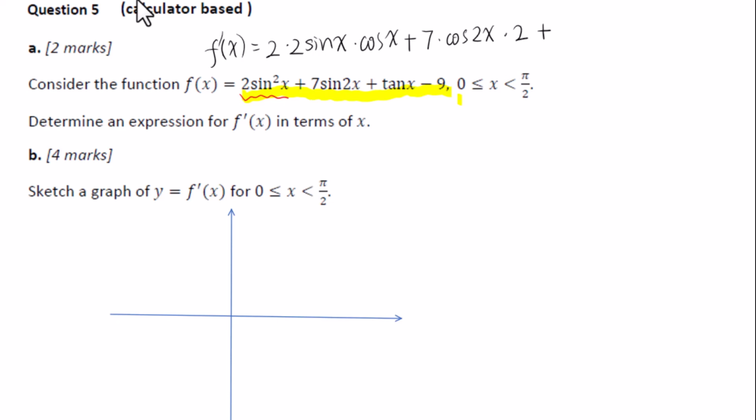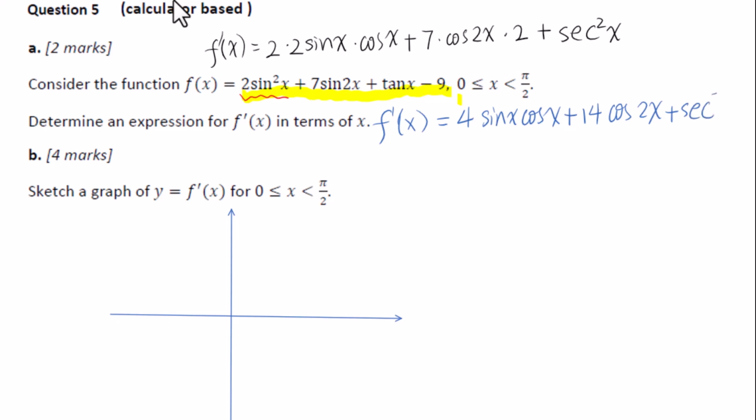Then plus secant square x. Then we organize: 4 sine x cosine x plus 14 cosine 2x plus secant square x.